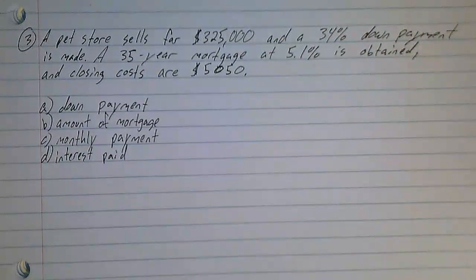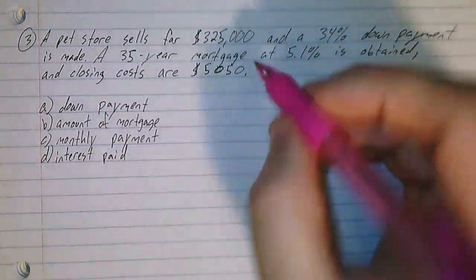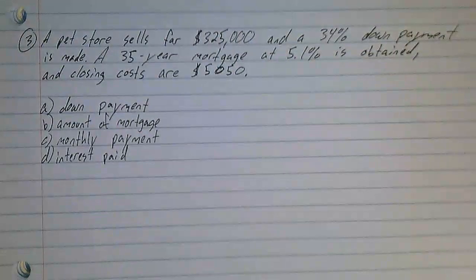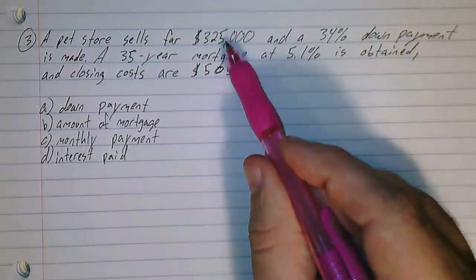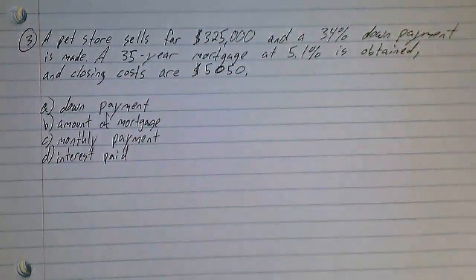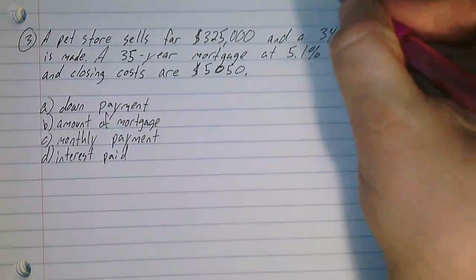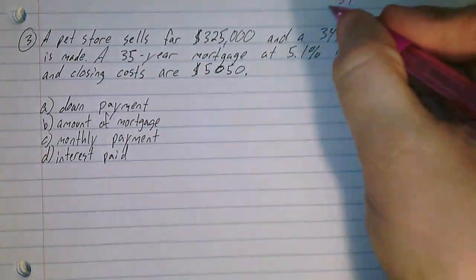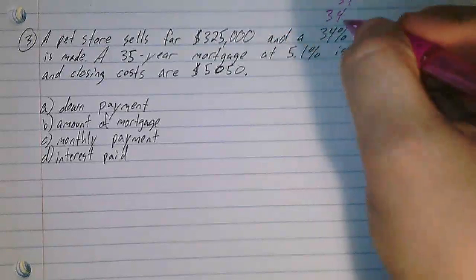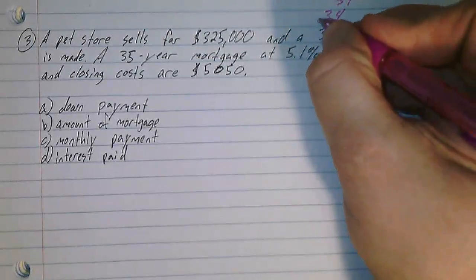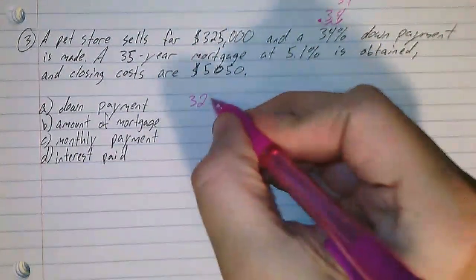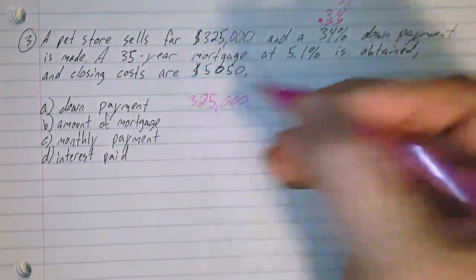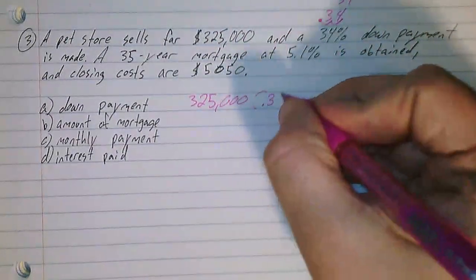What is the down payment? We don't worry about the closing costs in the down payment. The down payment is just 34% of $325,000. 34%, well, we move the decimal back to the left twice. So all we do here is 325,000 times 0.34.